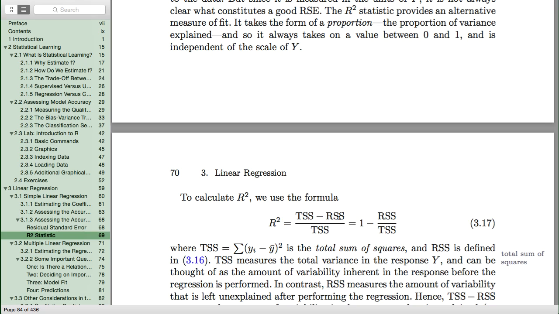So TSS minus RSS is the amount of variability that we've explained with our regression. This textbook doesn't use any particular symbol for that. Other textbooks use a separate symbol. They have a symbol for all three of these things: the total variability, the variability that's unexplained, and the term that would be this, which would be the variability explained. But this textbook just uses that expression instead.